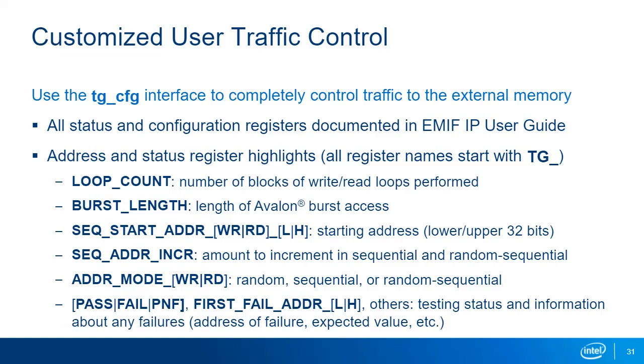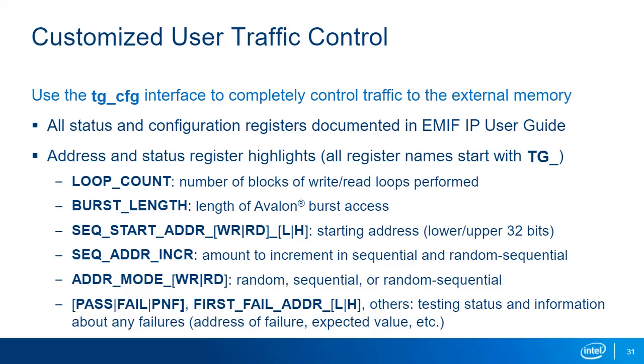Burst length lets you specify the length of a burst access to subsequent memory locations, as opposed to just a single access at a particular location. Sequential start address and sequential address increment let you set up the starting address and the amount to increment the address when using a sequential addressing mode.